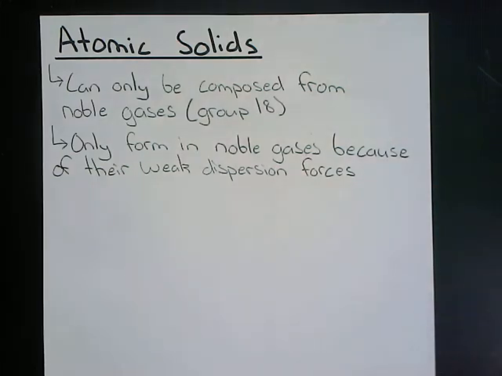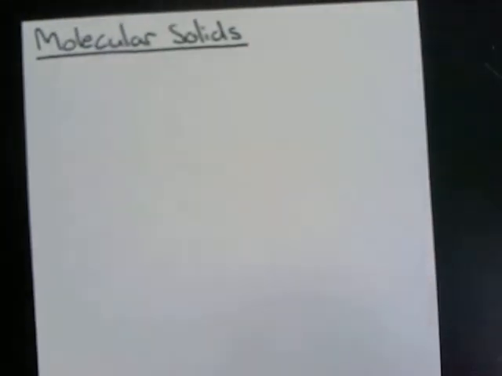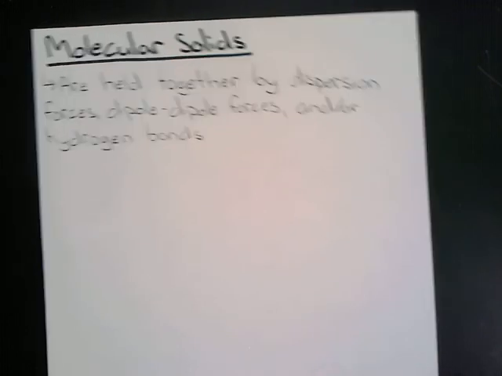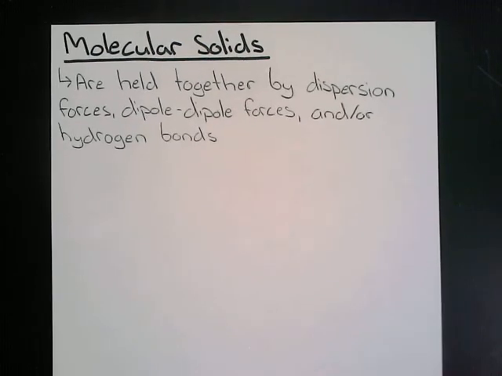Now, if we shift gears and go to our molecular solids, we can see how they differ. Molecular solids are solids that are held together by dispersion forces, dipole-dipole forces, or hydrogen bonds. Normally they are composed of small molecular compounds.